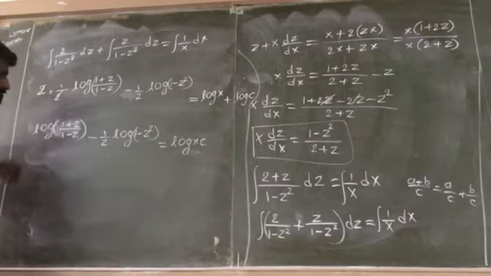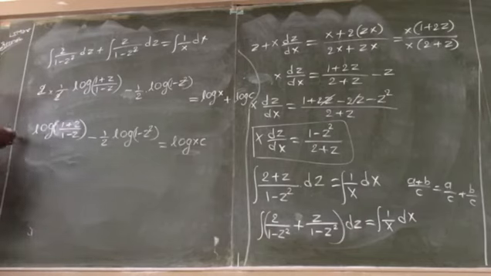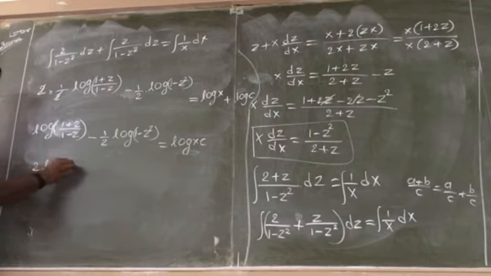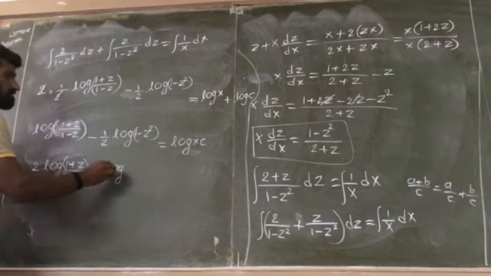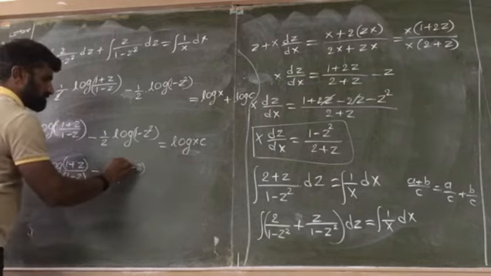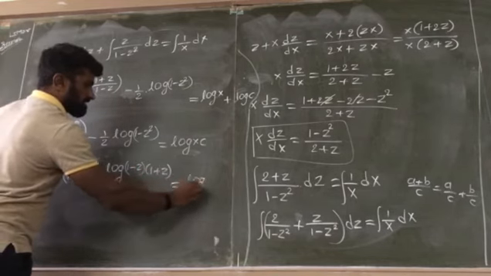You have to put z, so what is z equal to? Let me write it another way. Cross multiplying, 2 into log of 1 plus z divided by 1 minus z minus log of 1 minus z into 1 plus z equals log of xc.